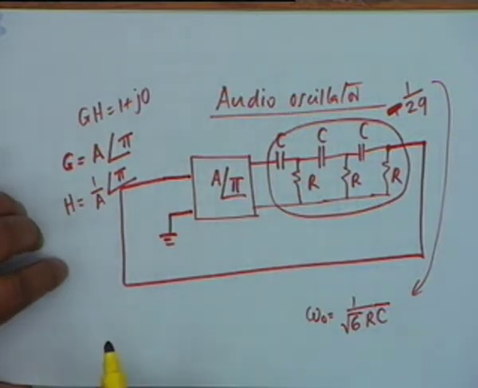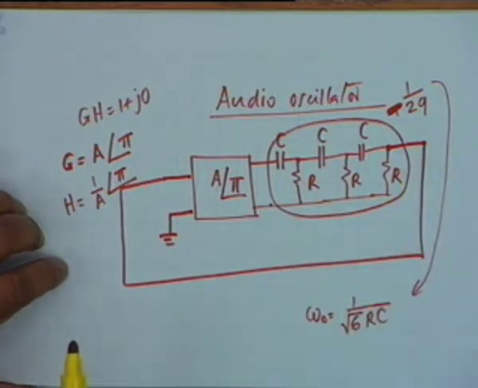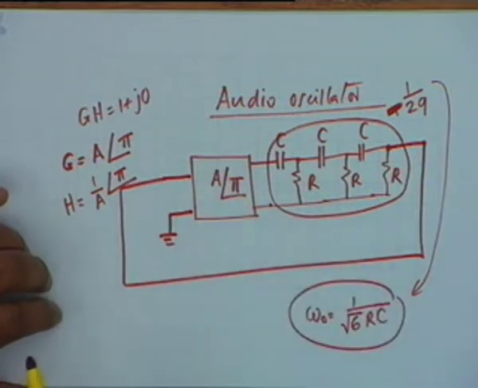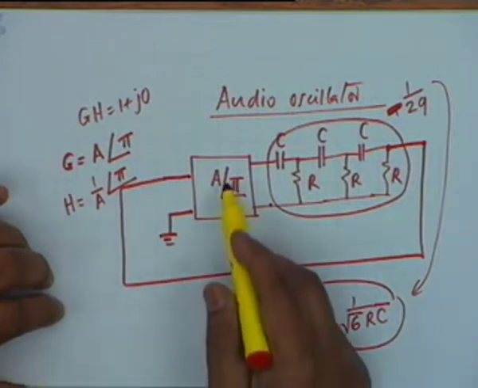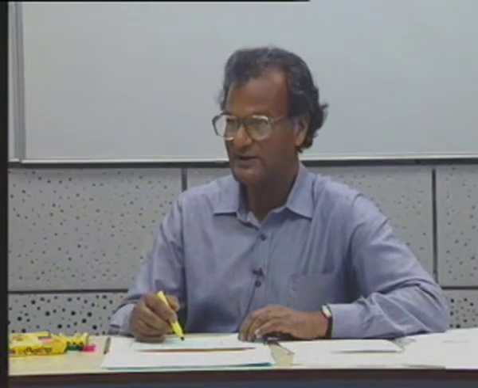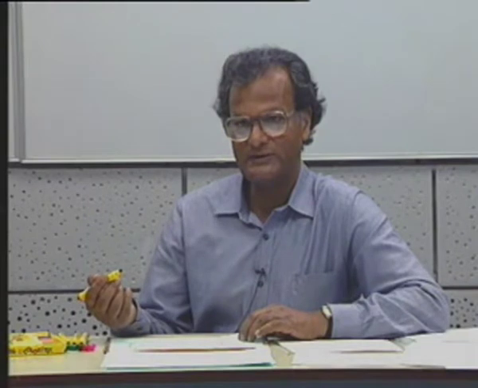It can be shown by circuit analysis that if you put an input voltage here, the output voltage shall be exactly out of phase at this frequency, and the attenuation is 1 by 29. Therefore, can you tell me what gain shall be needed for the amplifier? 29, right? So, if you design a single stage amplifier for a gain of 29 which gives a 180 degree phase shift, and you connect this, that will be the story.